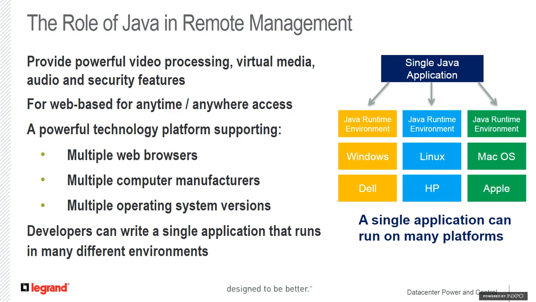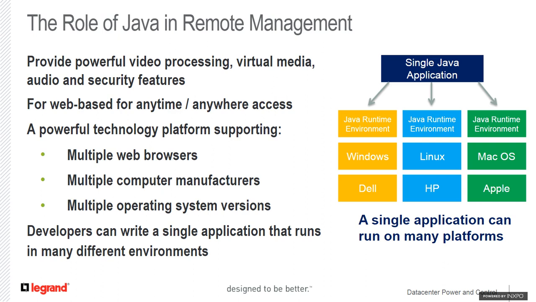So let's look at Java in a little more detail. The cool thing about it is, if you look at the diagram on the right, you can have a single Java application that runs in different environments, so different operating systems like Windows, Linux, Mac OS, and can run on different types of computers by different manufacturers.